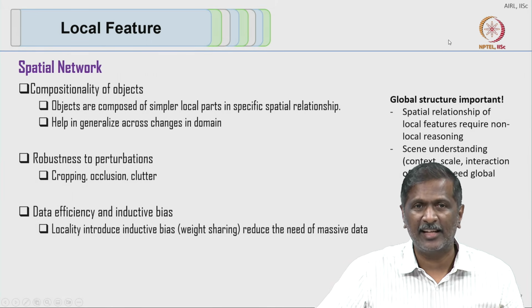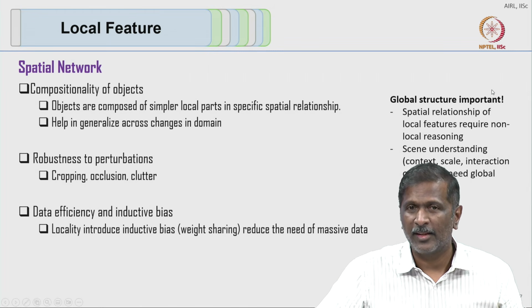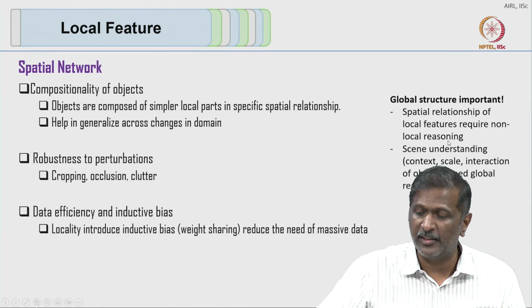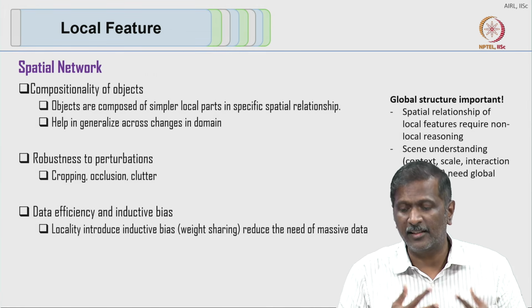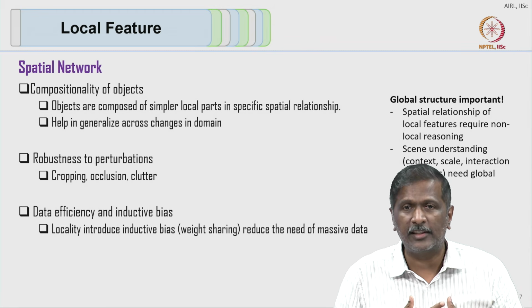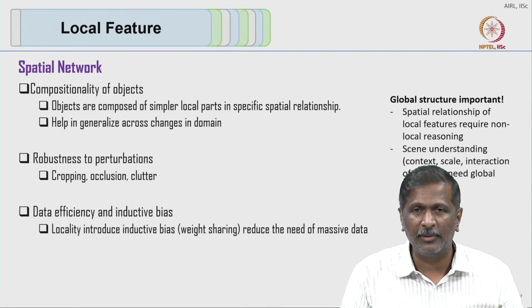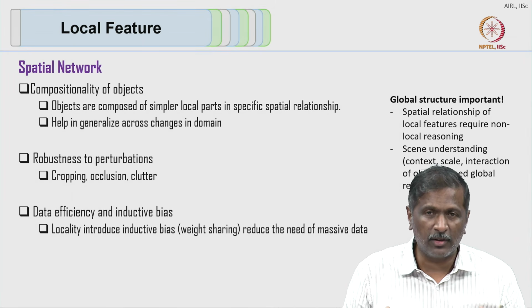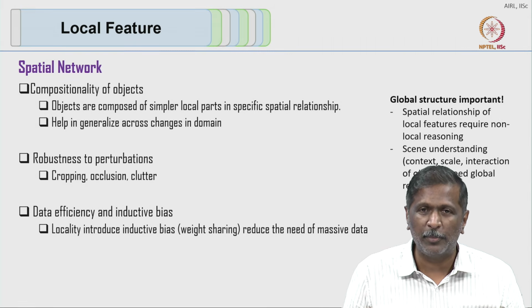That's an interesting aspect. The global structure is also very important. The spatial relationship of the local features requires non-local reasoning to understand the scene, to understand the context in which the object is present. Say an apple on a dining table, an apple in a shop, an apple in a box, an Apple logo on your computer.